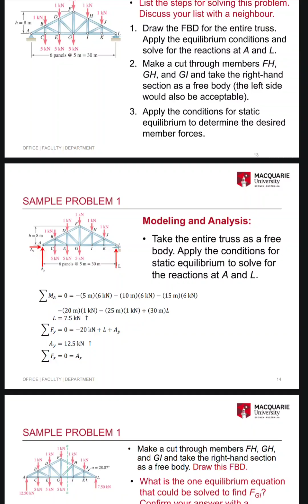There are 5 kilonewton, 5 meter into 6 kilonewton, because 5 and 1 equals 6. 5 meter. It goes almost anticlockwise, so that is taken as negative, and same reason 6 kilonewton in 10 meter for A.